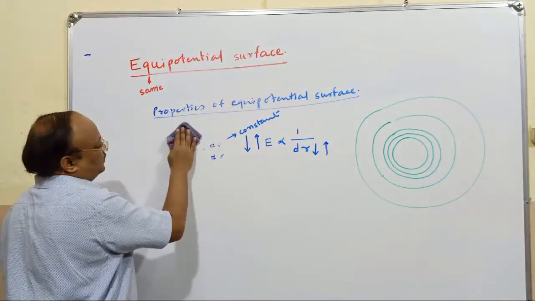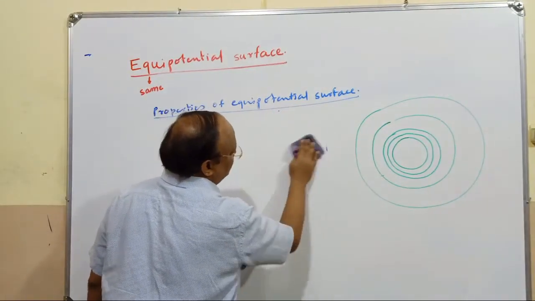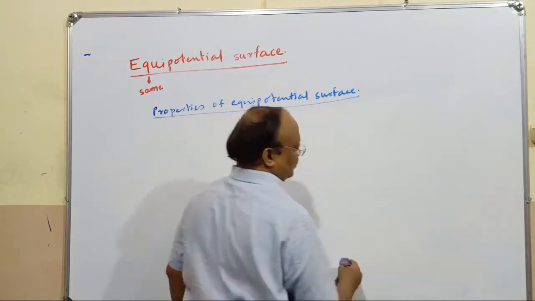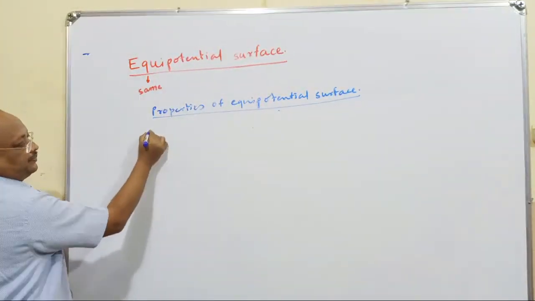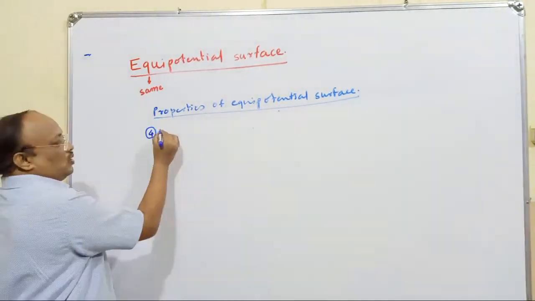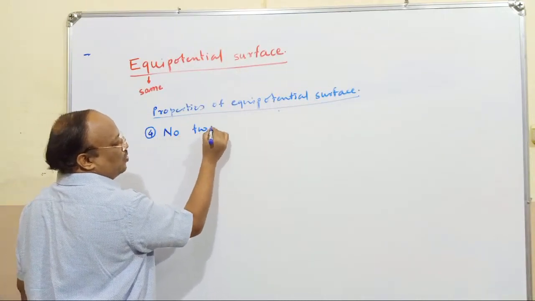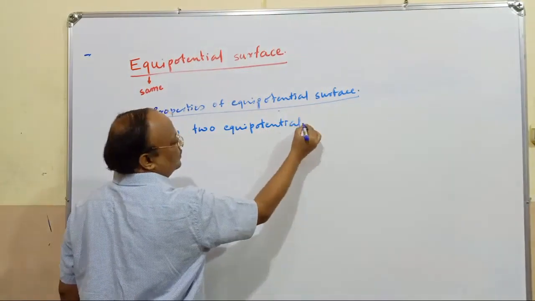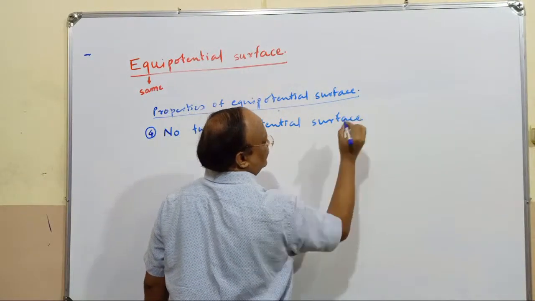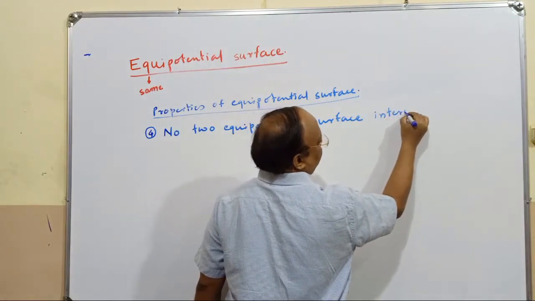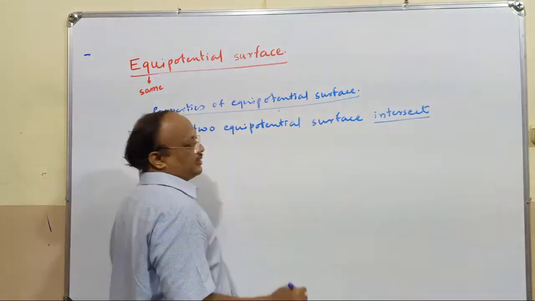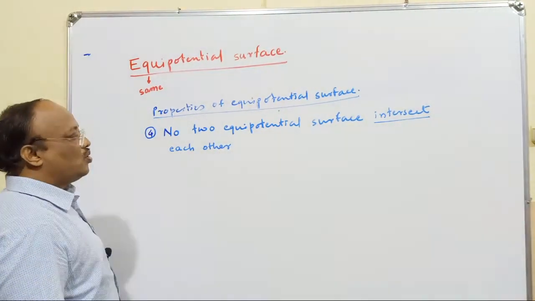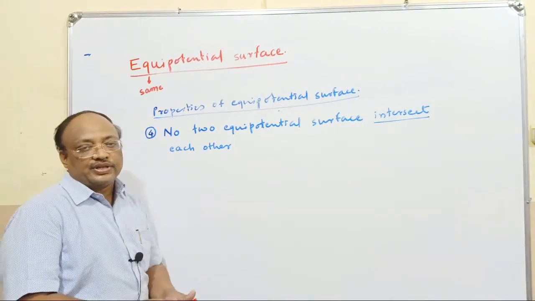Then moving to the fourth property: no two equipotential surfaces intersect each other.